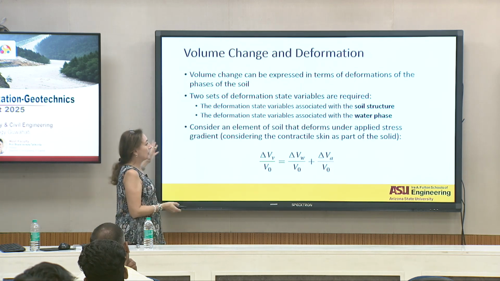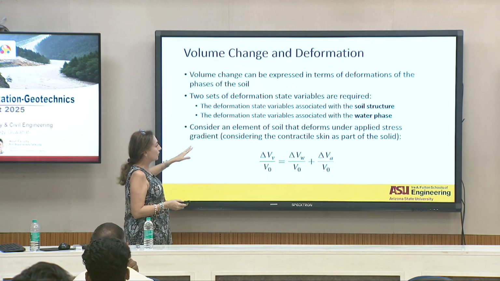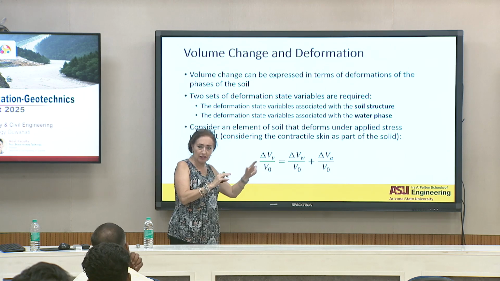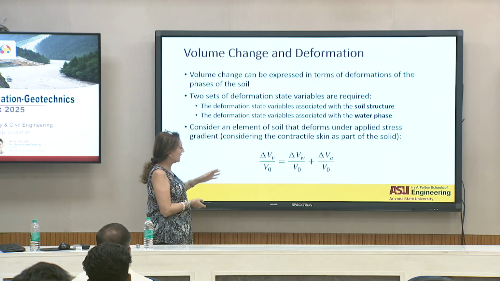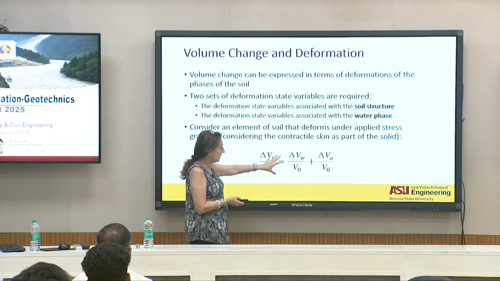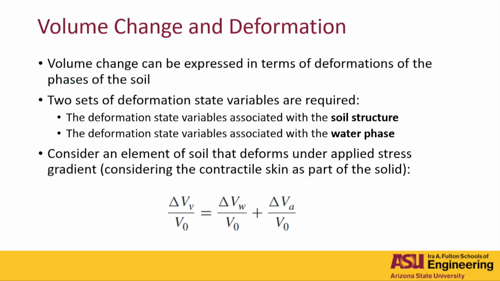So if you consider an element of soil that deforms under different stresses, and consider the contractile skin as part of the solids, you can say that the change in volume with respect to the initial volume is the change in volume of water plus the change in volume of air, if you consider the solids to be incompressible.